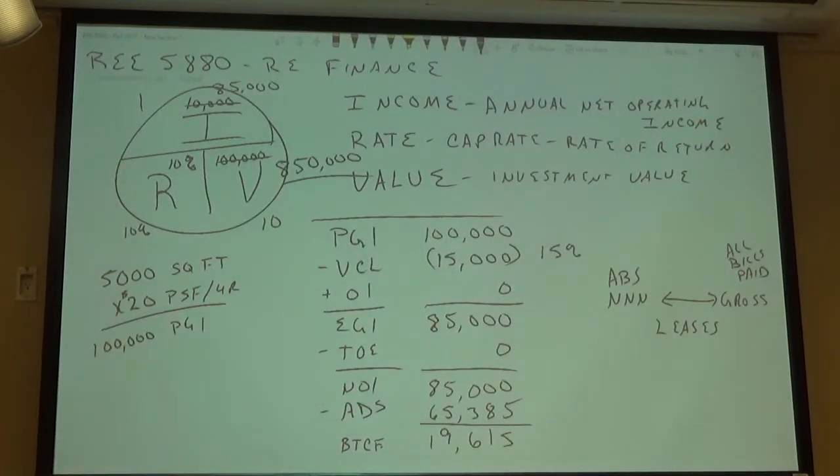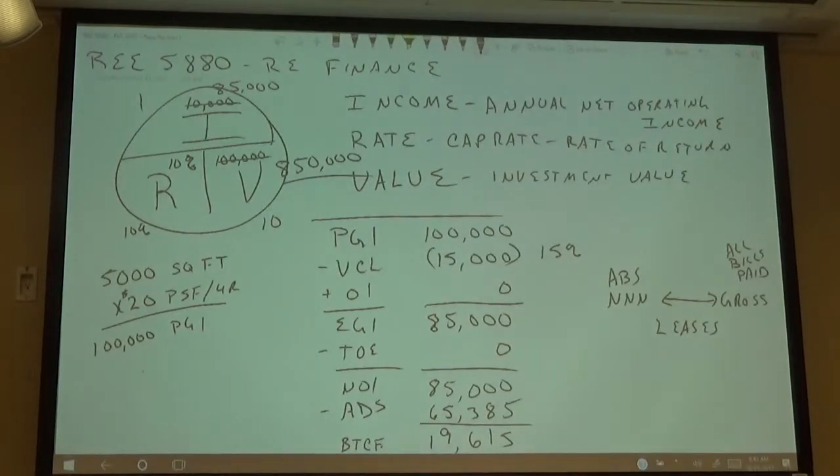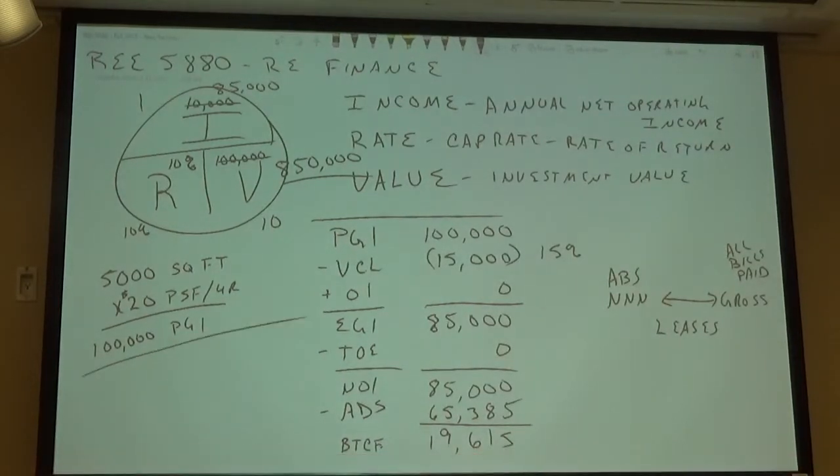So you think about that, 1.5. Let's go to that for an example. So if you were to take the 85,000, divide that by a debt service coverage ratio of 1.5, $56,667, okay, instead of this.